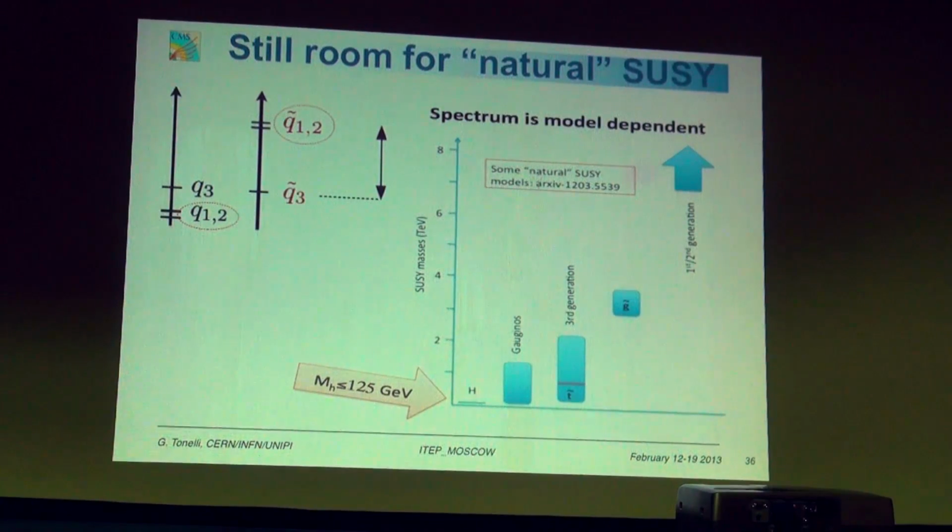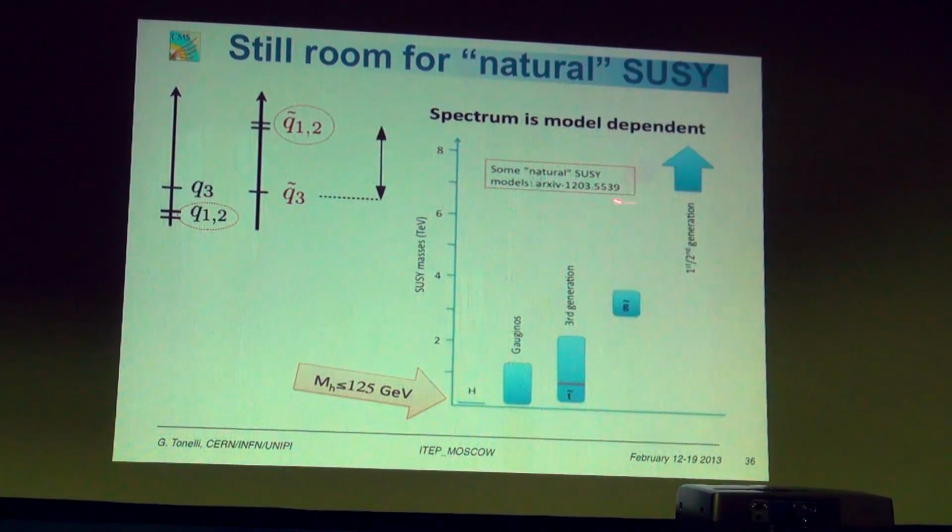And so, if you take a look at this possibility, which again is consistent with the theory, and now we also have a Higgs boson here, the spectrum could become completely different from the one that we were assuming. Now the first and second generation could sit at 7, 8, 9 TeV. So it's not surprising that we don't see anything with the tools that we have used, jets or missing ET.